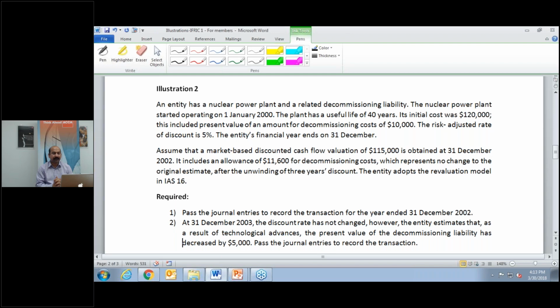The entity's financial year ends on 31st December. Assume that a market-based discounted cash flow valuation of 115 is obtained at 31st December 2002. It includes an allowance of 11,600 for decommissioning cost, which represents no change to the original estimate after the unwinding of 3 years discount. The entity adopts the revaluation model in IAS 16.